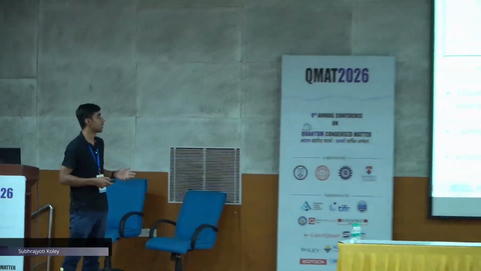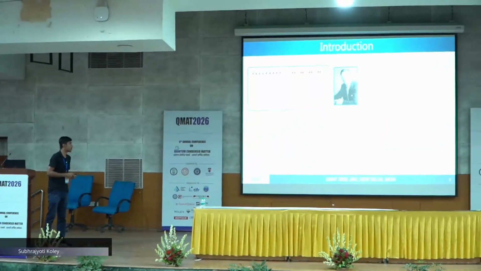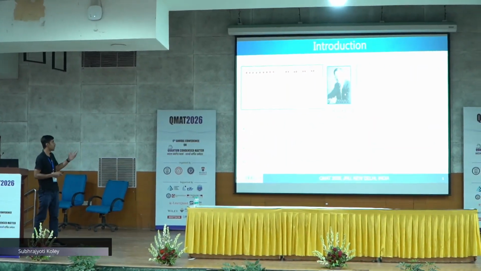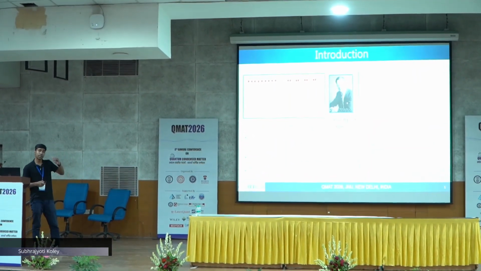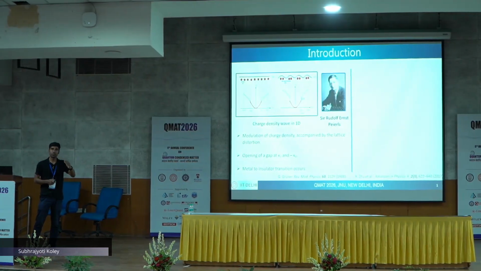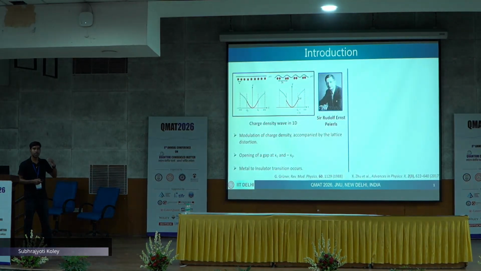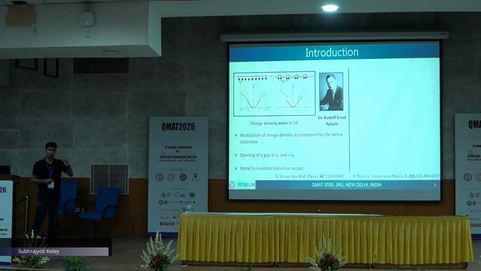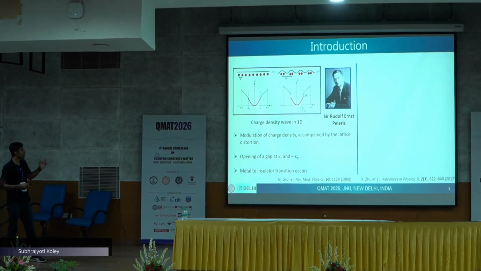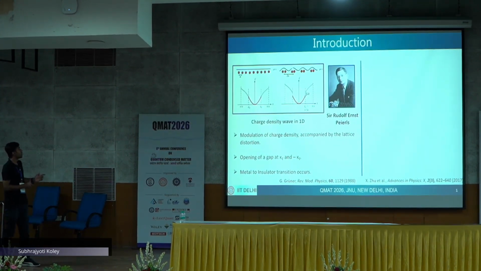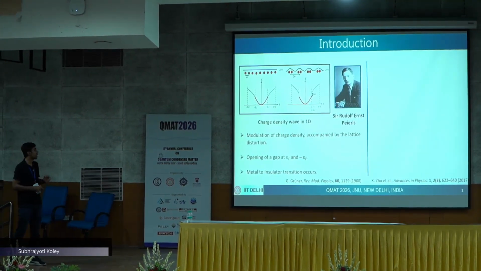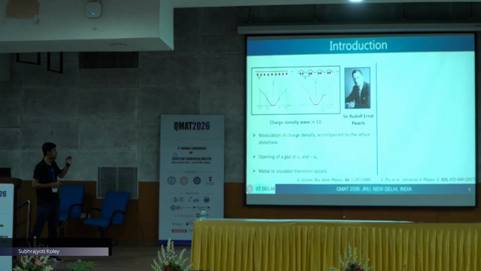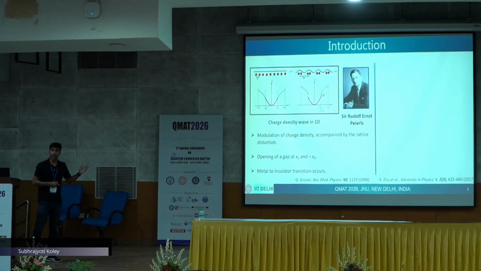Now, at the beginning, in the introduction part, I think few speakers have already spoken about this Peierls transition. What happens here is, when there is a 1D metal coupled to an underlying lattice, it's not a stable system at low temperature. The charge becomes accumulated, and it is accompanied by a lattice distortion.